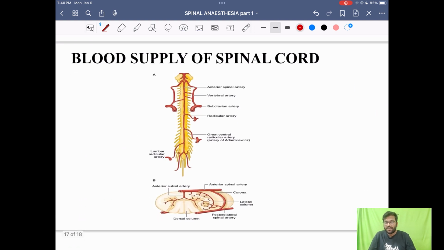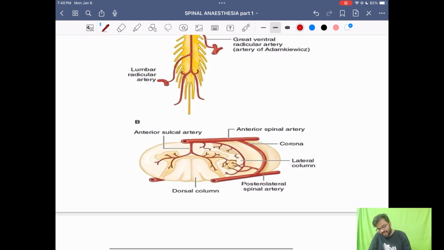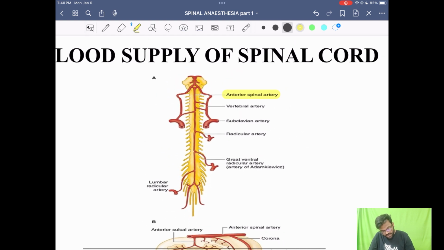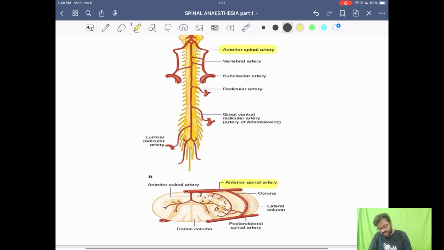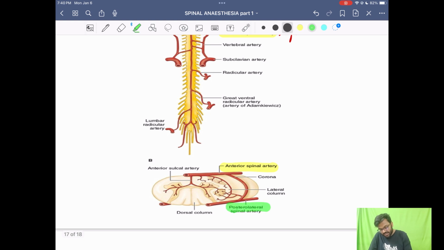So now coming to the last topic of anatomy, that is the blood supply of the spinal cord. First we will try to identify the arteries. There is an anterior spinal artery. Anterior spinal artery is single. Then we have posterior spinal artery. This artery is paired. It is not single.